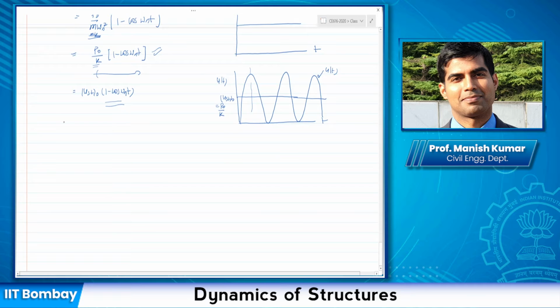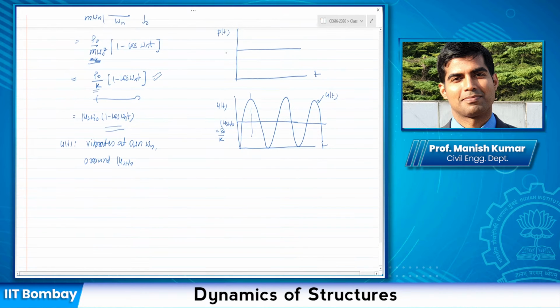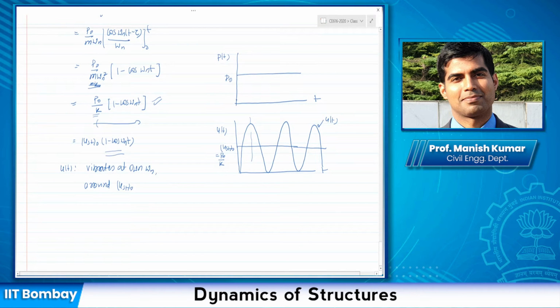So u(t) vibrates at its own frequency omega n around u_st naught. Okay, so with this load P(t), this becomes my equilibrium position, because you are applying the load P naught, so the system would deform, and if you keep the load constant, it would vibrate around that point.